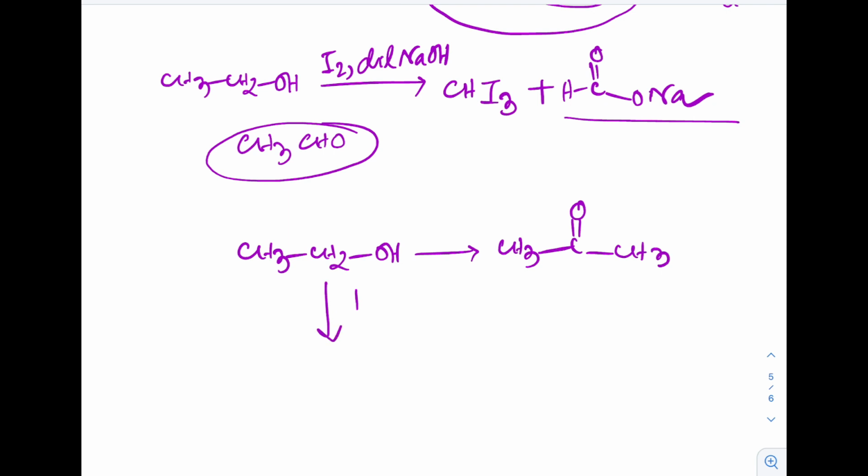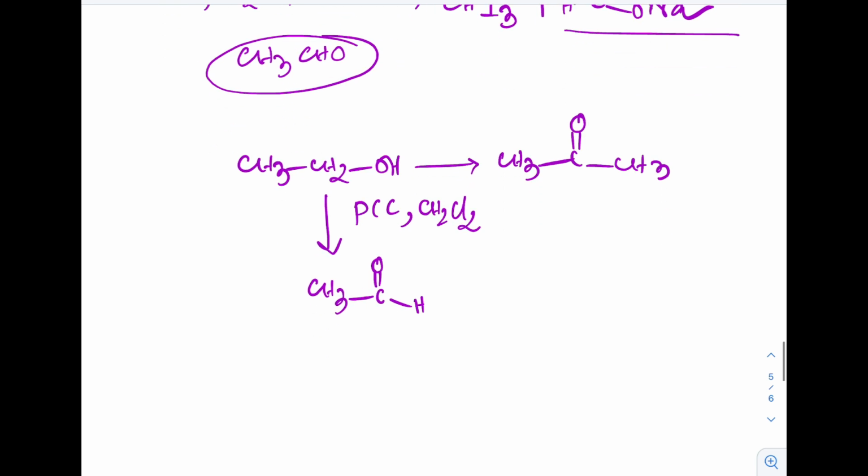At first ethanol is treated with PCC and CH2Cl2 to give CH3CHO. Next it is further treated with CH3MgBr along with H3O+.